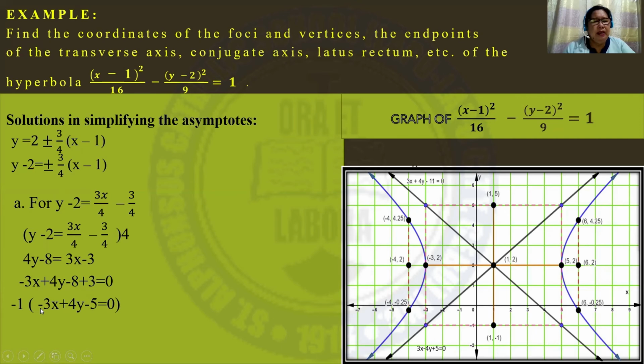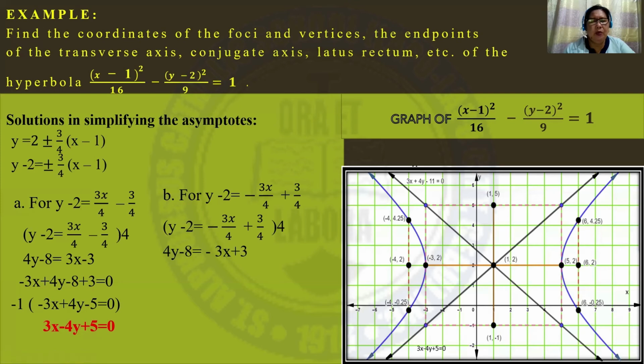Then, you can simplify the signs. So, multiply each member of the equation by a negative 1. So, what we have is 3x minus 4y plus 5 is equal to 0. That is why we have here 3x minus 4y plus 5 is equal to 0. And for the other one, we have y minus 2 is equal to negative 3x over 4 plus 3/4. So simplify. So multiply each member of the equation by 4.